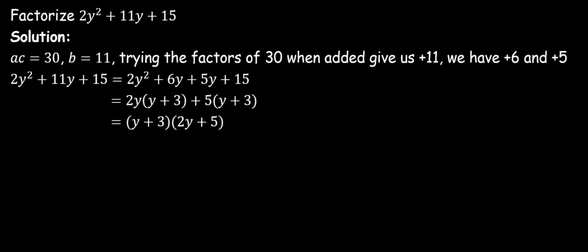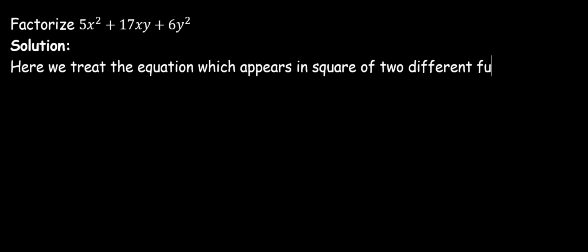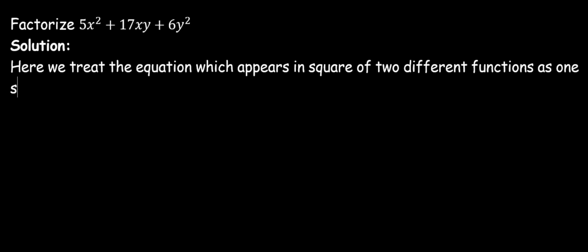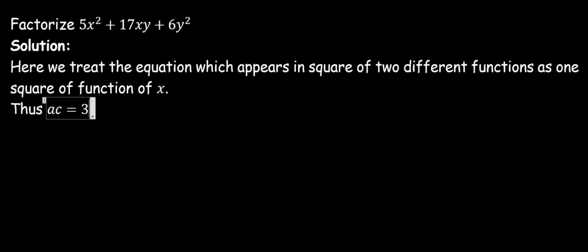Another example. Factorize 5x squared plus 17xy plus 6y squared. Solution. Here we treat the expression which appears in squares of two different variables as one square of a function of x. Thus, our AC here will be equal to 30 and our B equal to 17.